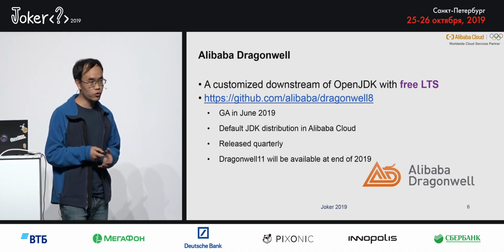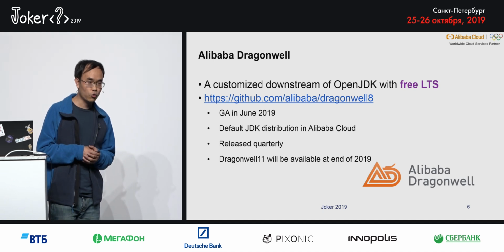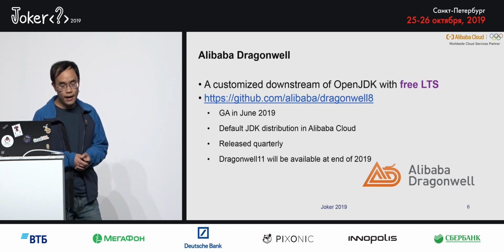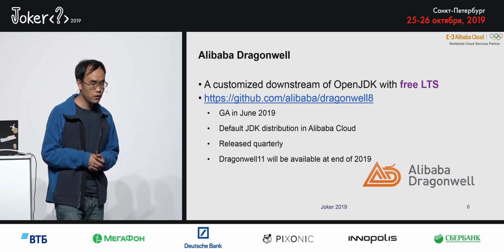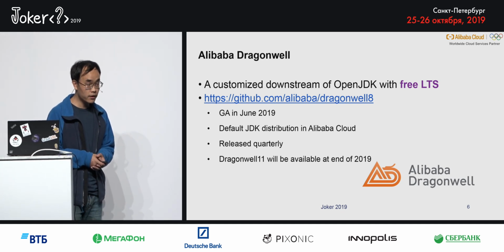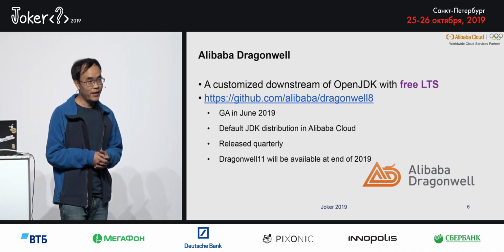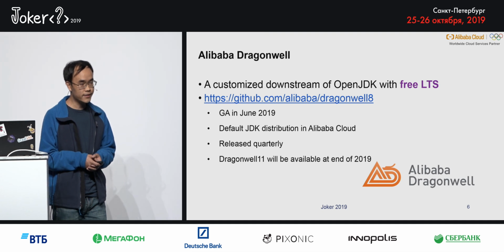Hangzhou is a very beautiful city in China where the Alibaba headquarters is located. So far, for Alibaba Cloud, Alibaba Dragonwell has been the default JDK distribution. We release Alibaba Dragonwell quarterly. We are planning to release Dragonwell 11 at the end of this year.